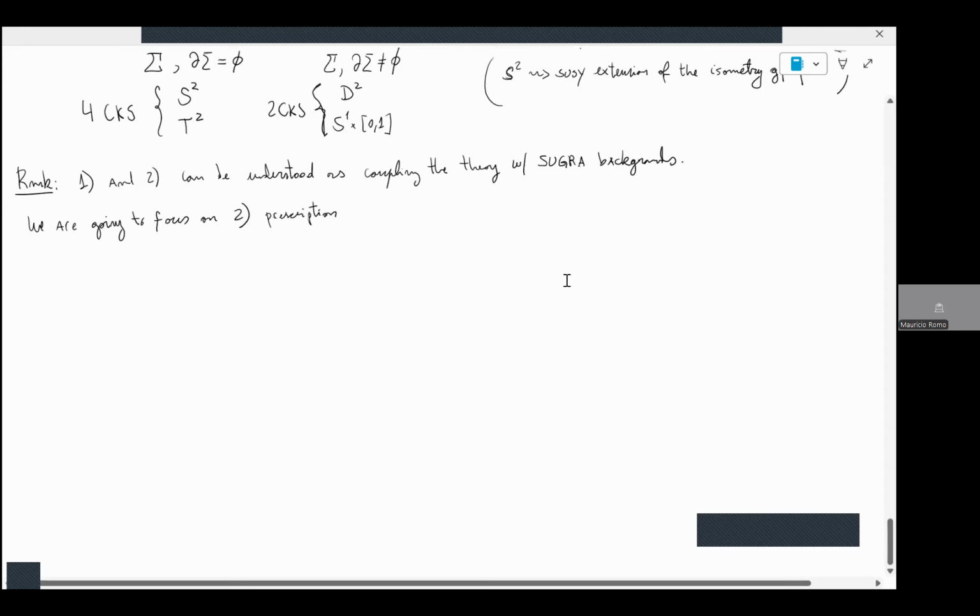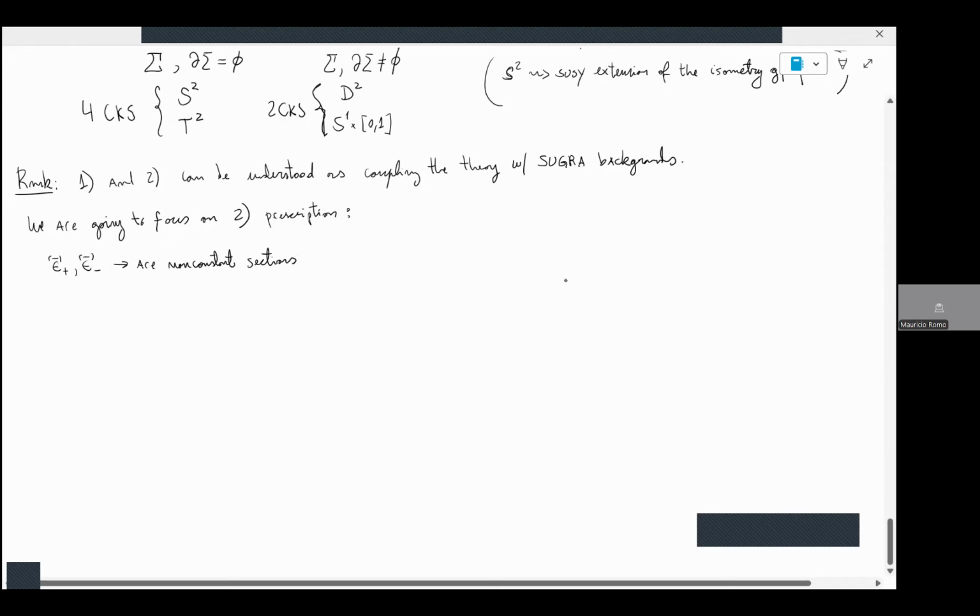So what is going to happen is that in this case, epsilon plus and minus, maybe with the bar here, are non-constant sections. So now they are going to depend on the coordinates of the worksheet.